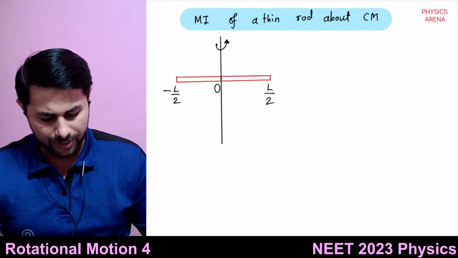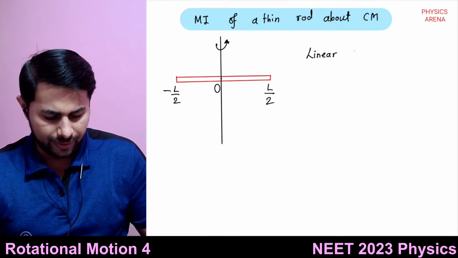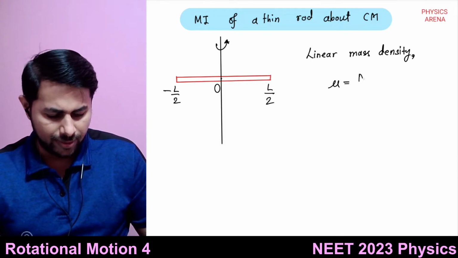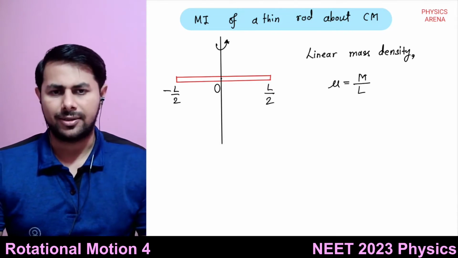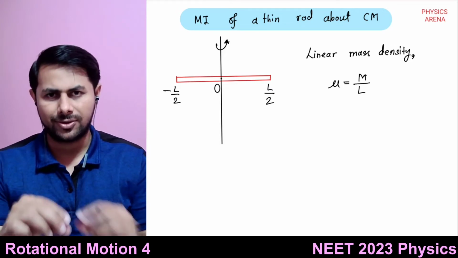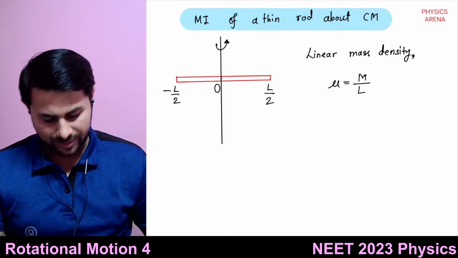So let's suppose the linear mass density mu equals mass per unit length.